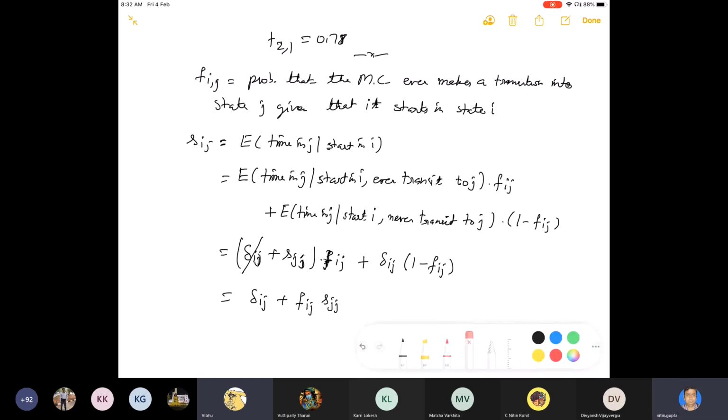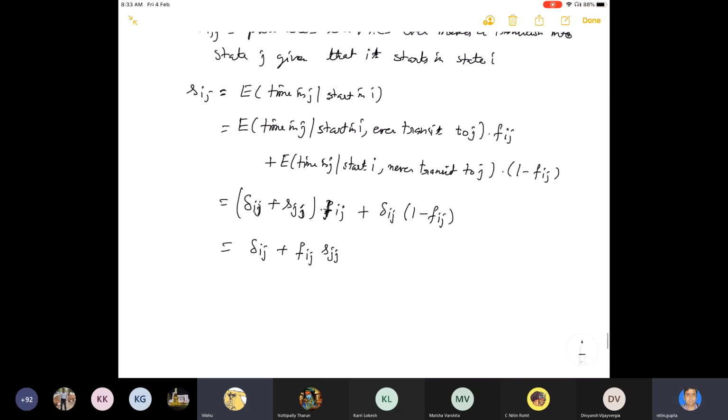So this is the value we are getting. Therefore this implies that Fij is Sij minus delta ij upon Sjj.